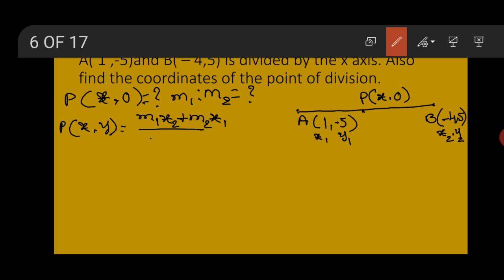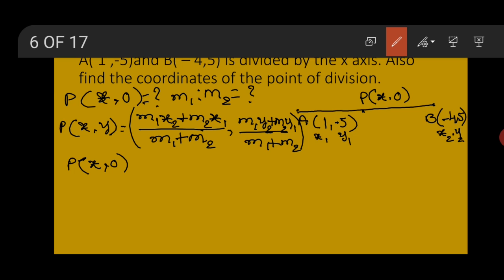Here use the section formula. What is section formula? P(x, y) is equal to (m1 x2 plus m2 x1) divided by m1 plus m2, then y coordinates (m1 y2 plus m2 y1) divided by m1 plus m2.